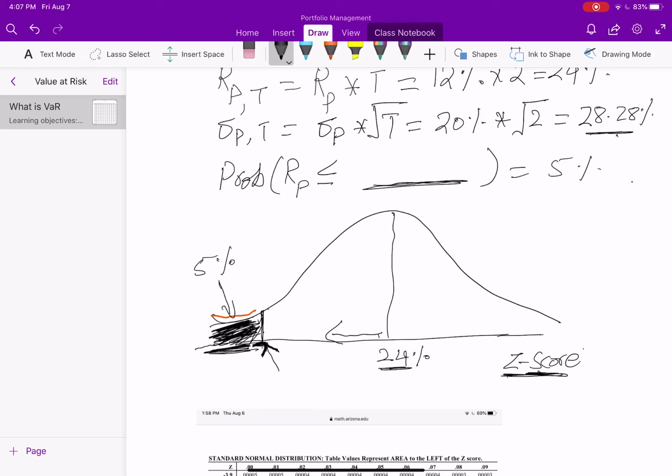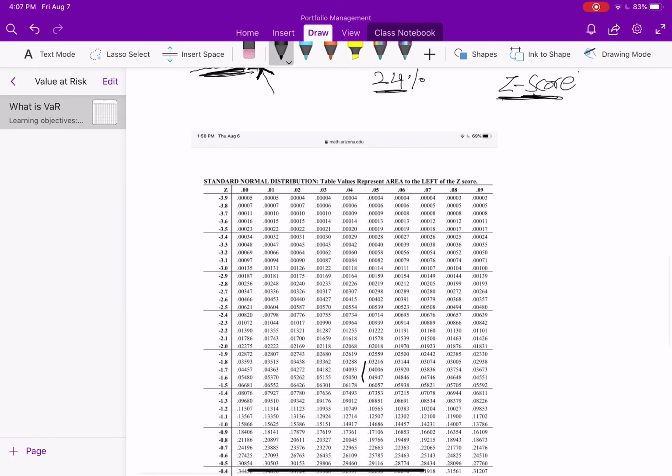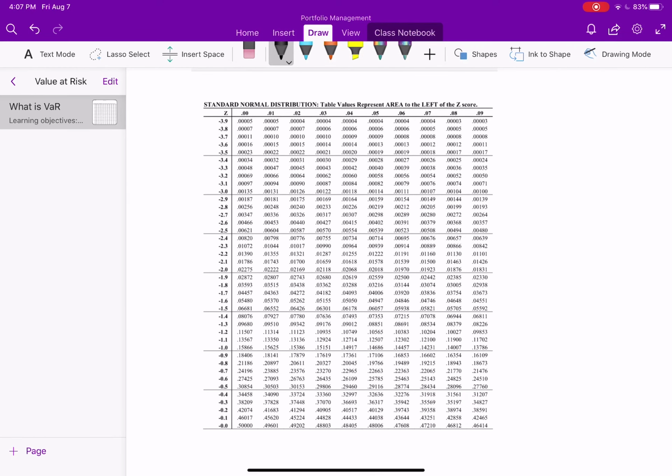So we have to see what is 5%. We know 5% in decimal is 0.05. You need to go to the z table and see where it lies. It is lying right over here, somewhere in between these two numbers. Can you see that? Minus 1.6 with 4, and minus 1.65.